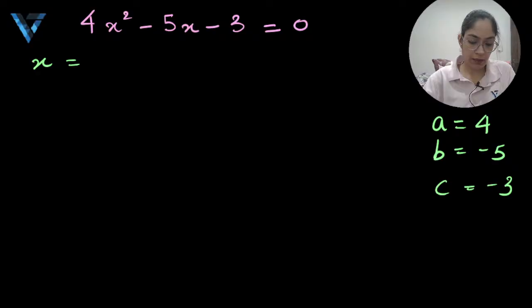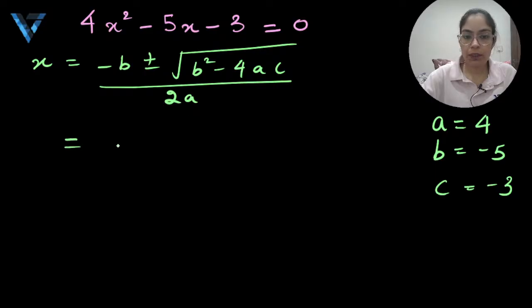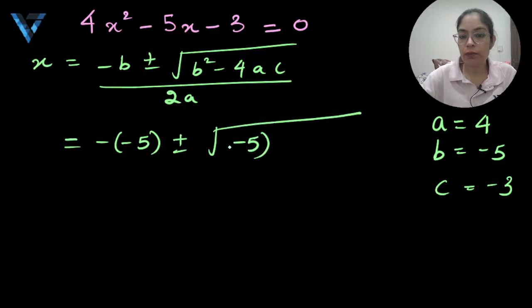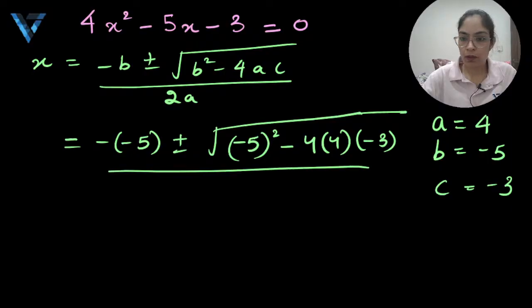D is also 73. So x is equal to minus B plus or minus square root of B square minus 4AC, by 2A. Let's substitute: minus of -5 plus or minus square root of -5 whole square minus 4 into A into C, where C is -3, by 2A, 2 into 4.